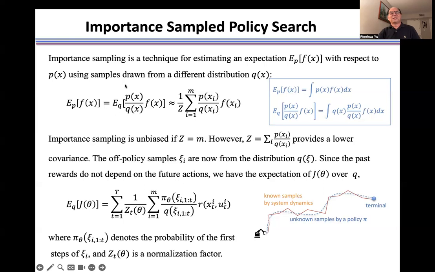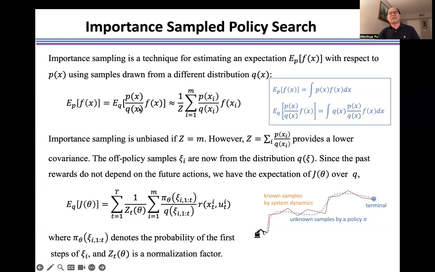Now, because q is a different distribution, we move this q to here. That means we sample all the variable x from this different distribution q, not from the original distribution p.